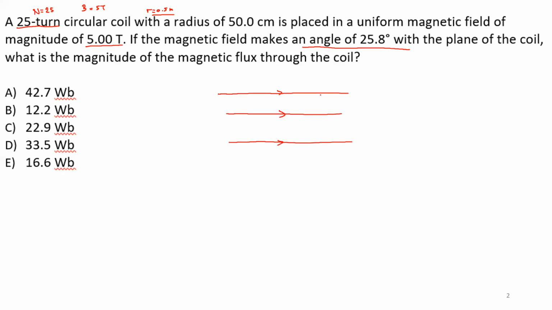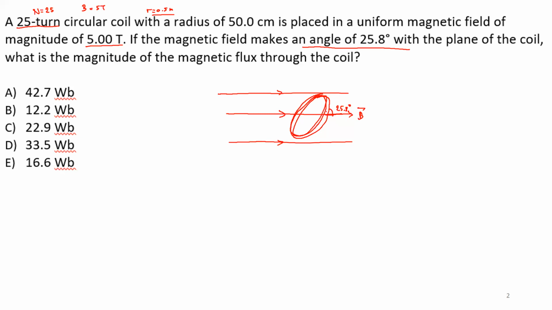Now I have a coil here, which is making a certain angle. This coil has N, which is 25 turns. The plane of the coil is making an angle of 25.8 degrees with the magnetic field.